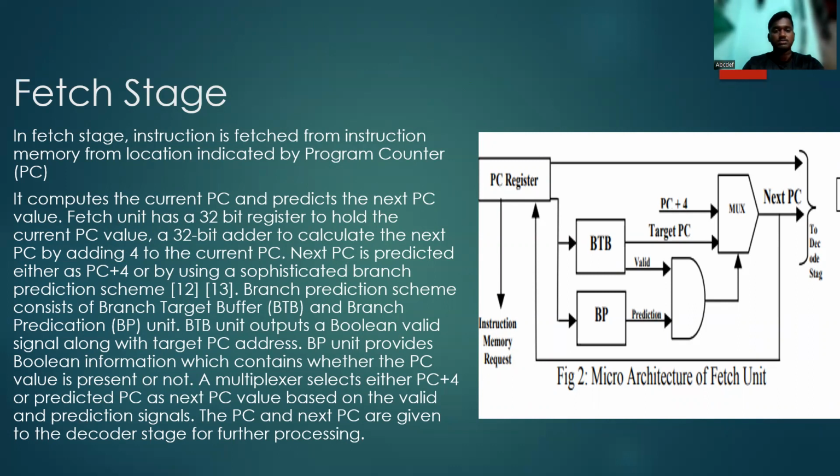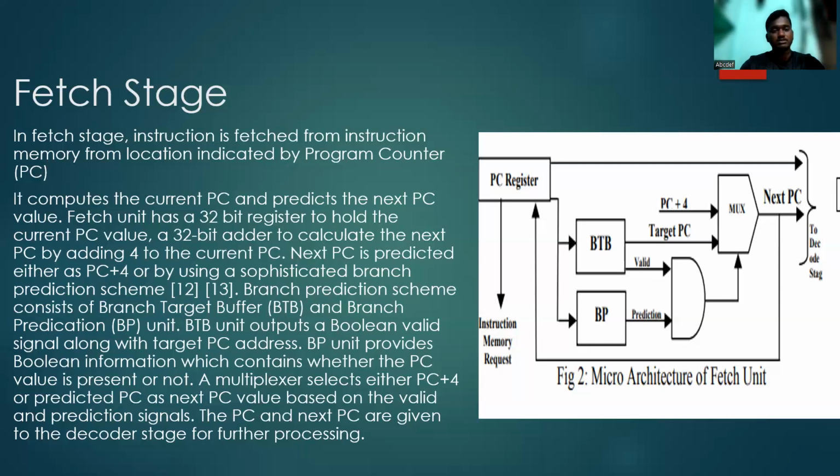Branch prediction scheme consists of a branch prediction BP unit. BTB unit outputs a Boolean valid signal along with the target PC address.